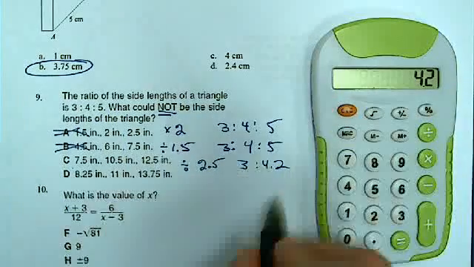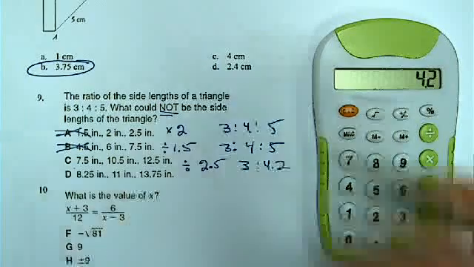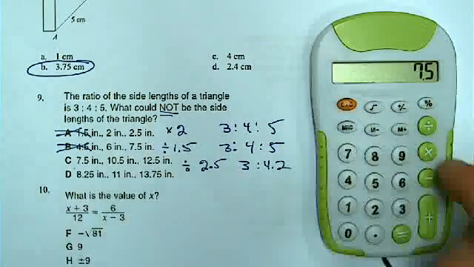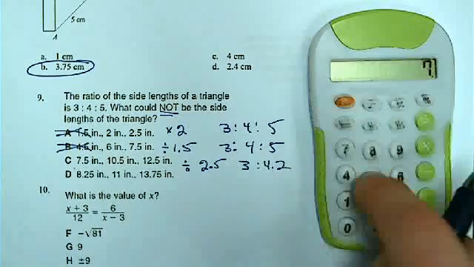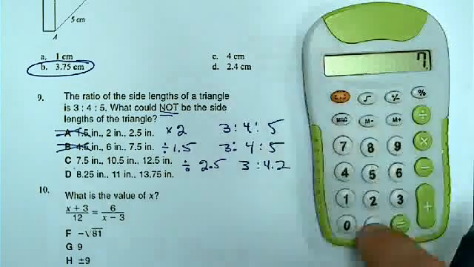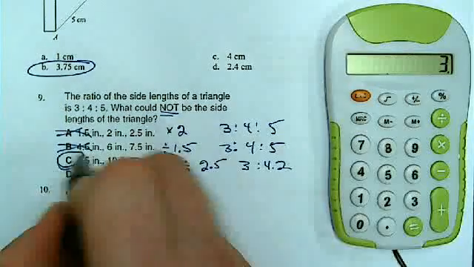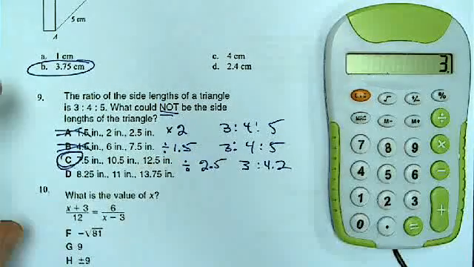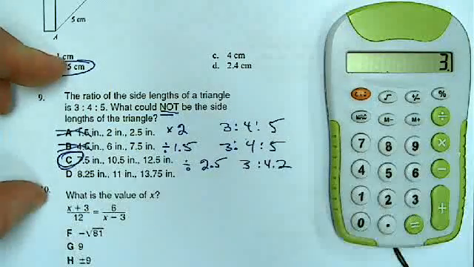That's not 4. Now it looks very much like it should, but it doesn't quite do it. And after all, 7.5 divided by 2.5 drops me up to 3. So that must be the one that doesn't work. The question really is, which of these ratios can I simplify into whole numbers 3, 4, and 5?